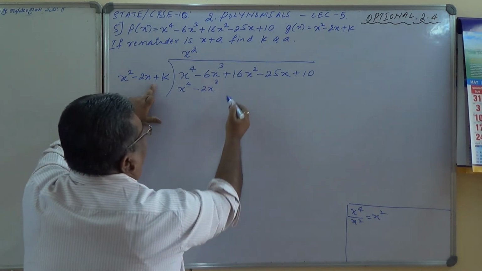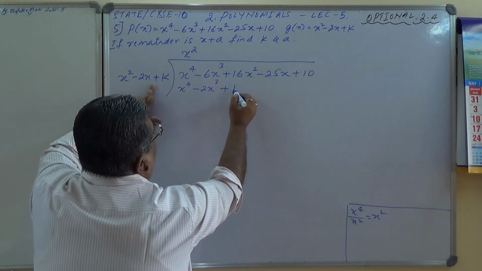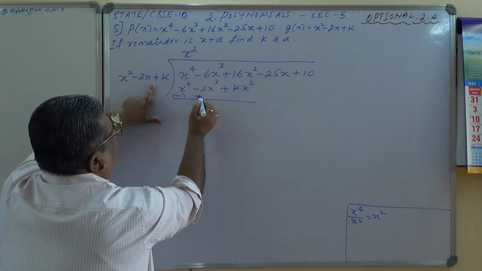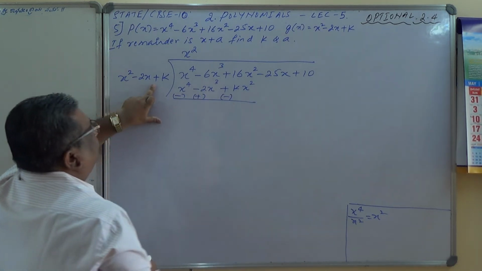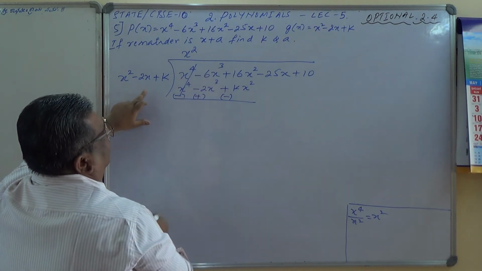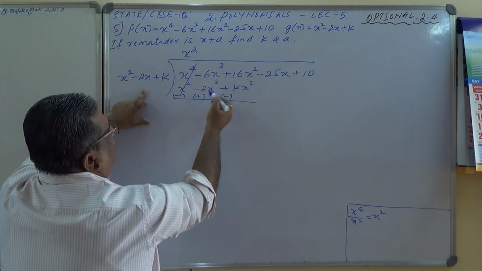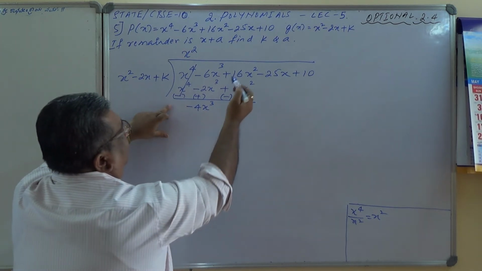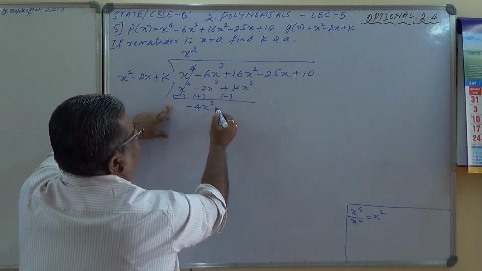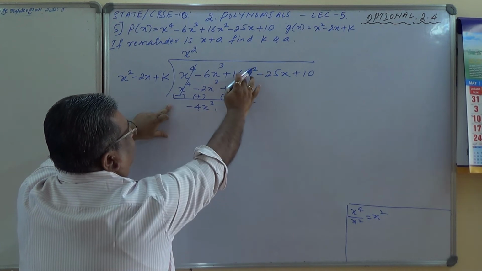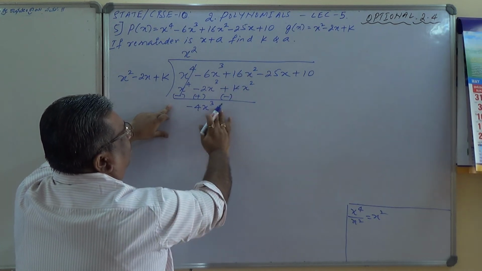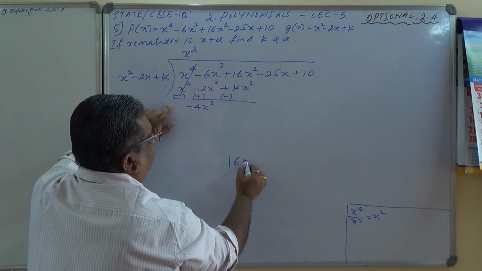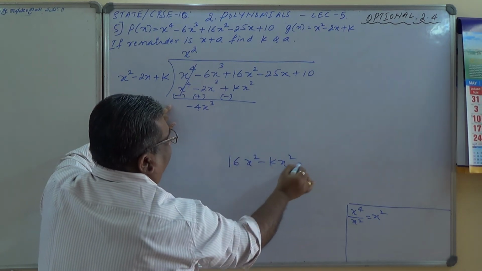So first term x square: x to the power 4 minus 2x cube plus kx square. Minus plus minus, this will cancel: minus 6x cube plus 2x cube is minus 4x cube, and then 16x square minus kx square. So can I write like this, 16x square minus kx square.